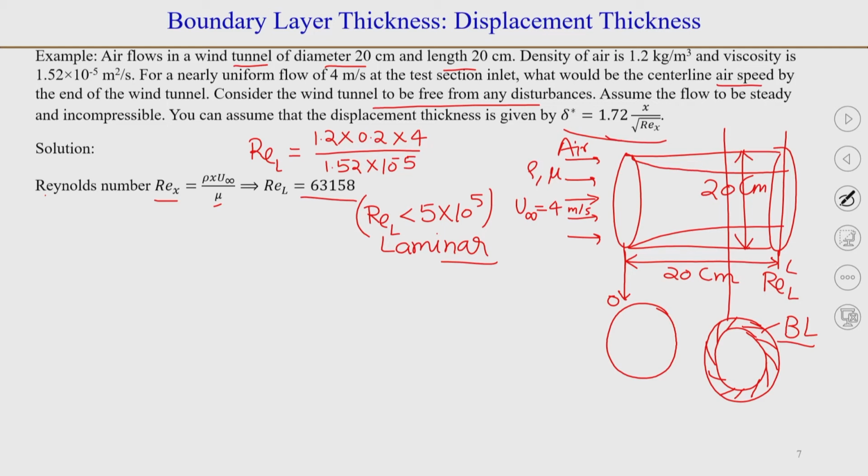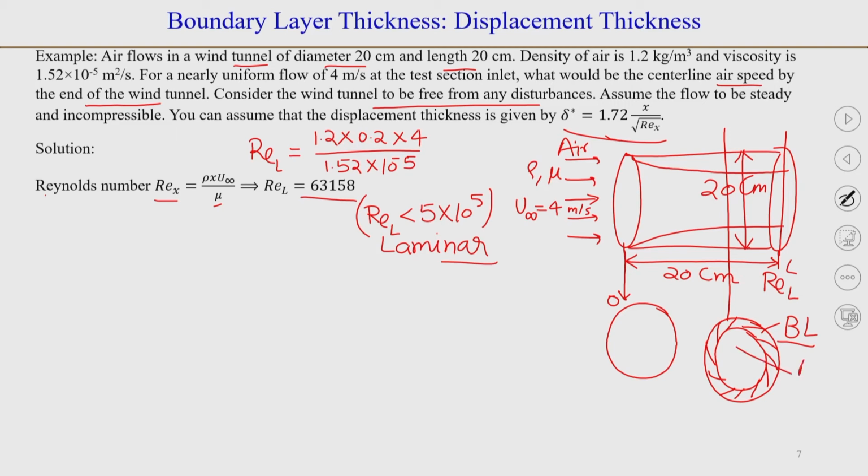Now, we need to calculate the center line airspeed at the end of the wind tunnel. So, if we can calculate the displacement thickness at the end of the tunnel, from that we can calculate the area available for flow.